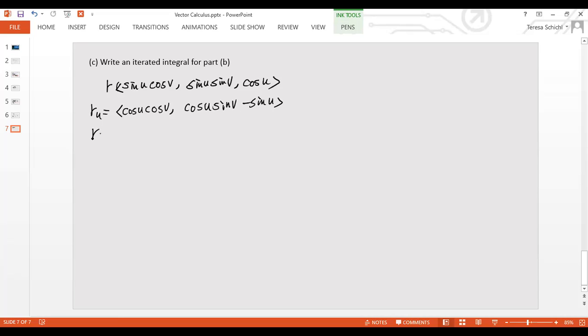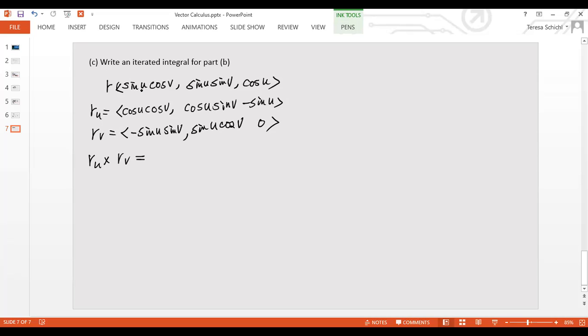Then the same thing, you do the partial for v. So this will be negative sine u sine v, and this one will be sine u cosine v, and this one is equal to 0, right?